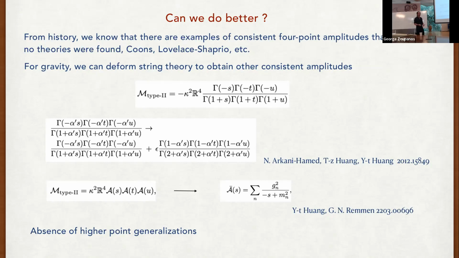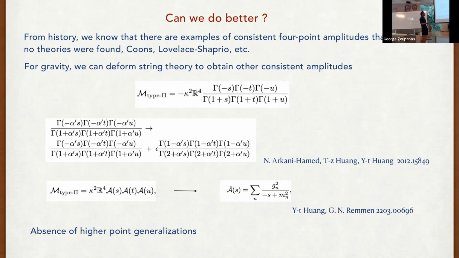For example, the famous Coon amplitude, or the Lovelace-Shapiro amplitude, which is a string-theory-like amplitude that is unitary in 4 dimensions. The reason is people didn't find the higher-point analog. In other words, people just had this nice 4-point amplitude which satisfied all the properties, but the n-point generalizations, such as the Veneziano amplitude, were never found.